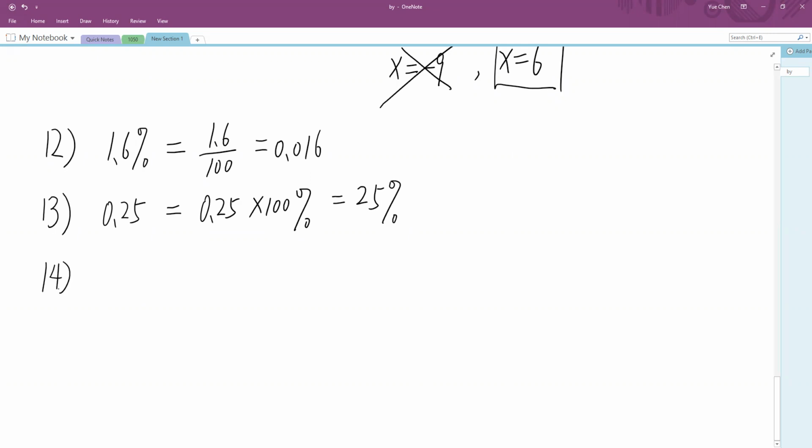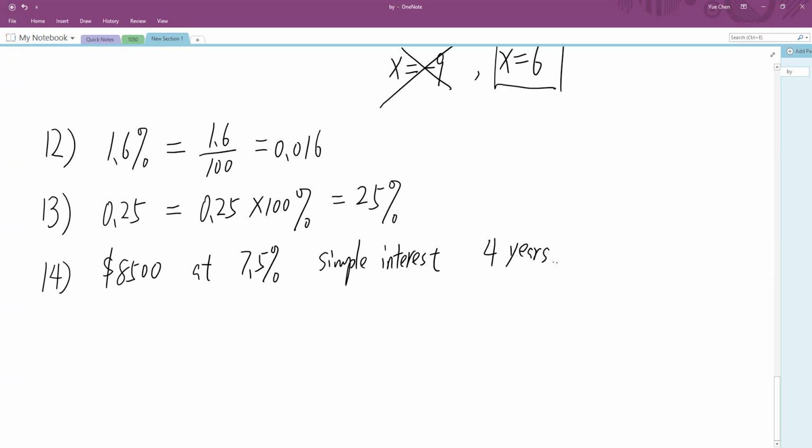14. Find the amount due on a loan of 8,500 at a 7.5% simple interest rate at the end of 4 years. So this is the problem, right?